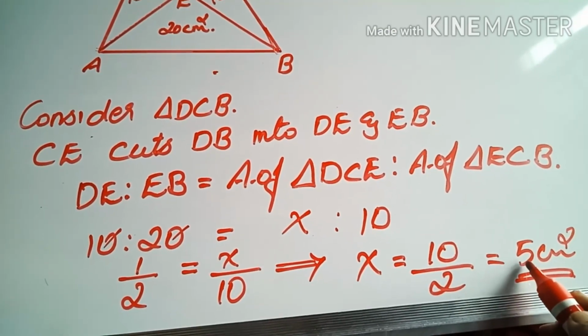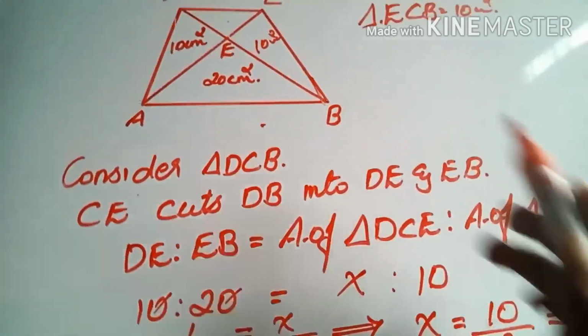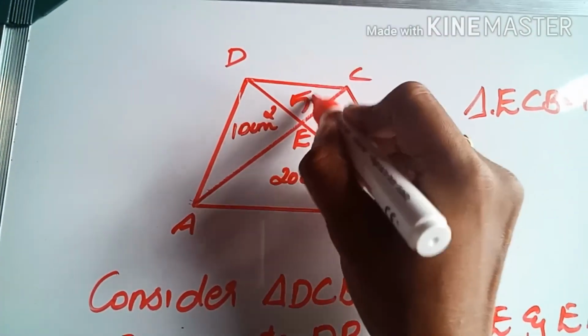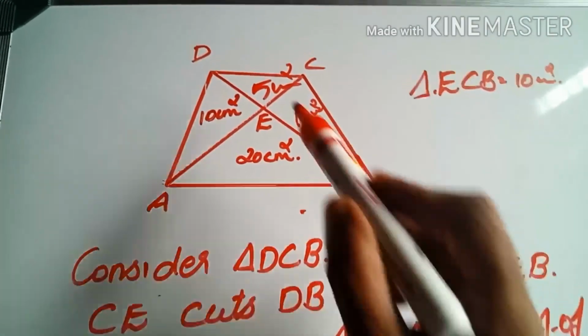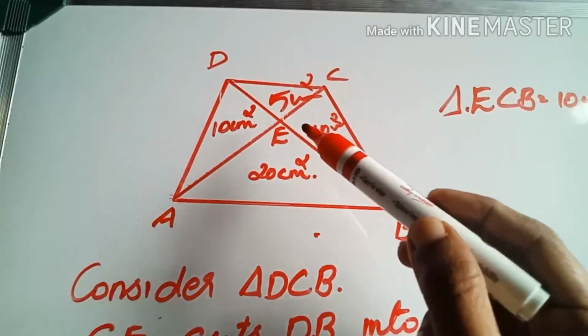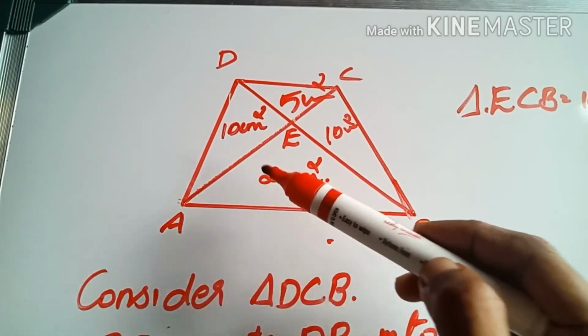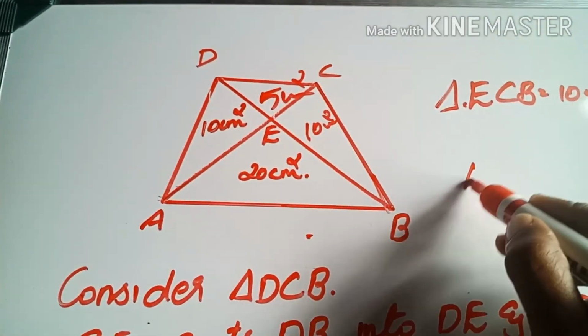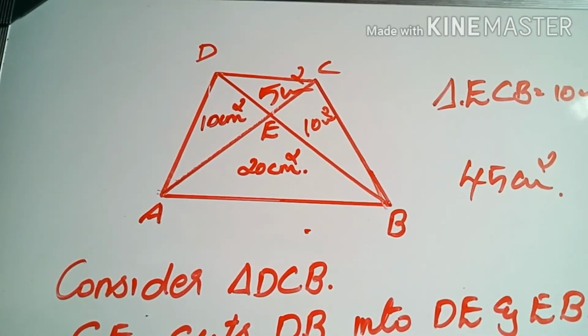So X will be 5, which means the area of triangle DCE is 5 centimeter square. That means this will be 5 centimeter square. Okay, now in order to find the area of this trapezium, just add all of these. 10 plus 10 is 20, 20 plus 20 is 40, 40 plus 5 is 45 centimeter square, which will be the area of this trapezium.